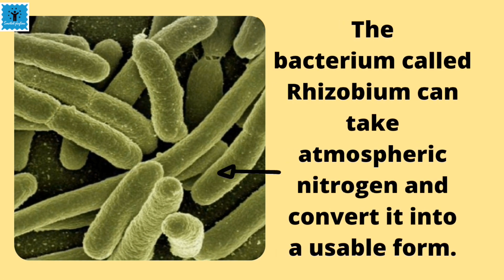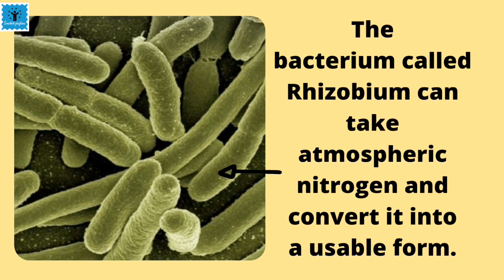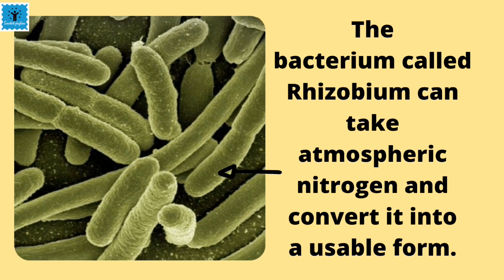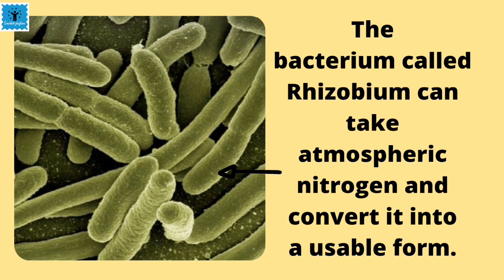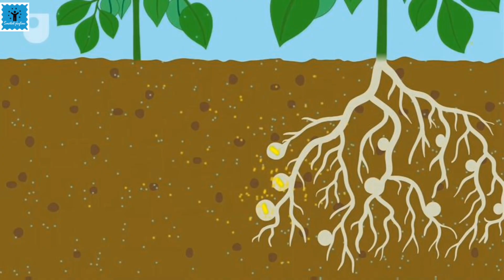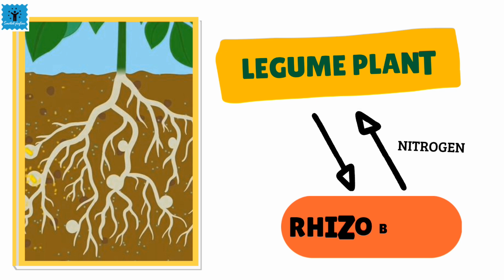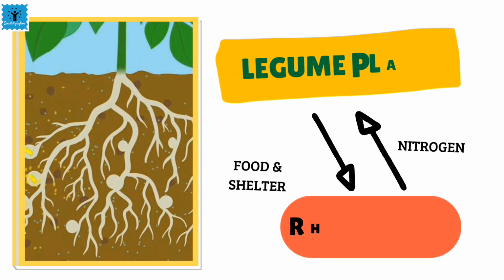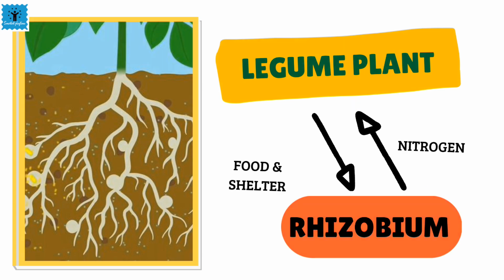Rhizobium fix this atmospheric nitrogen and convert it into some usable form. But it cannot make its own food, so it often lives in the roots of pea, gram, and other legume plants and provide nitrogen. In return, plant give food and shelter to the rhizobium.